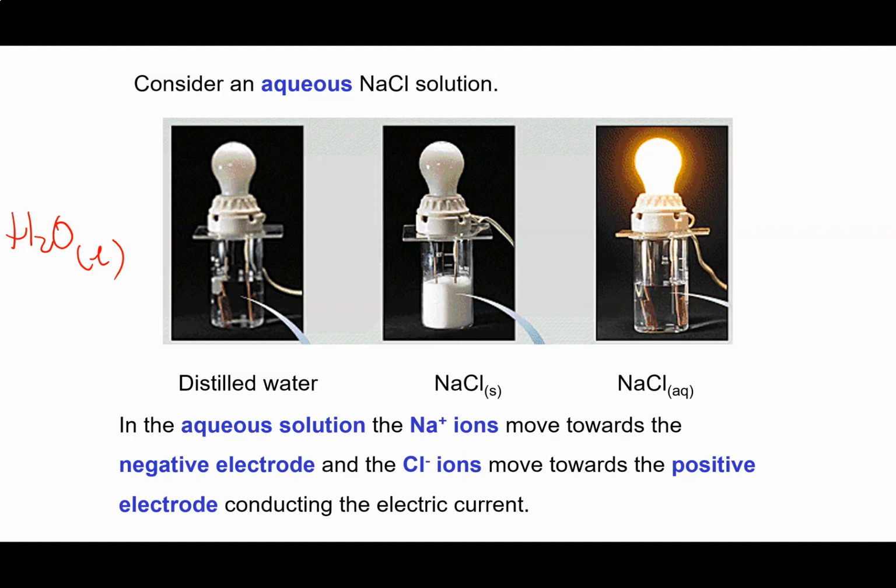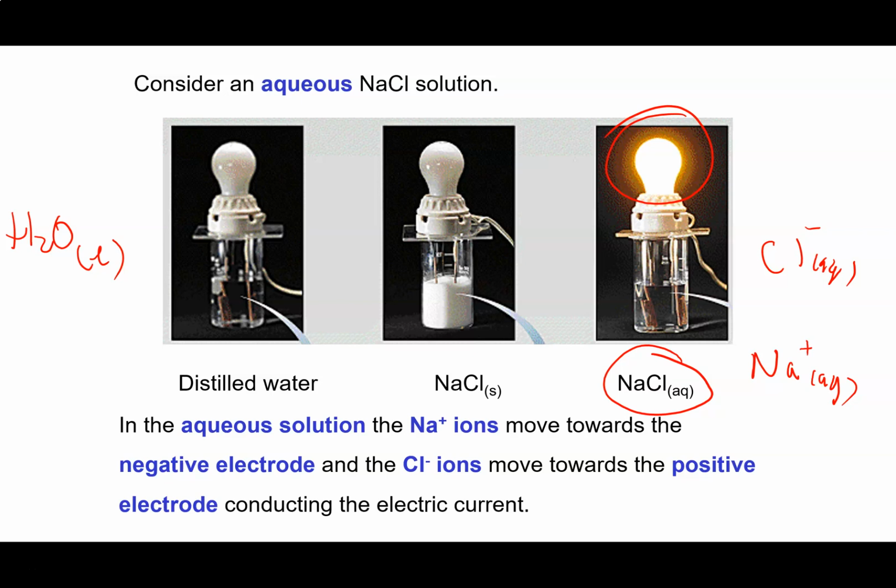However, if I pour the salt into the distilled water and create an aqueous solution of sodium chloride, then I will have mobile, freely able to move sodium ions and mobile, freely able to move negative chloride ions. And sure enough, that solution will conduct electricity. So that's something to keep in mind.